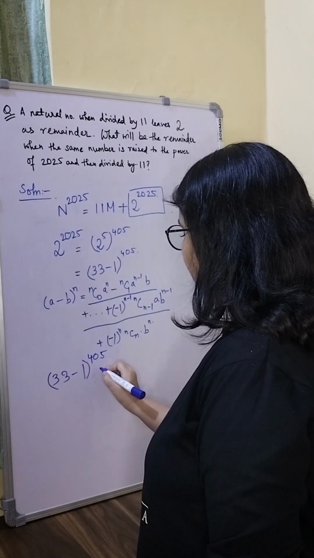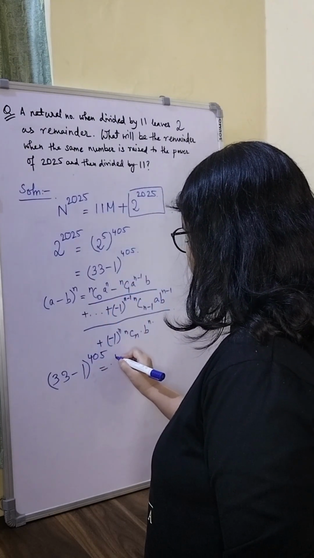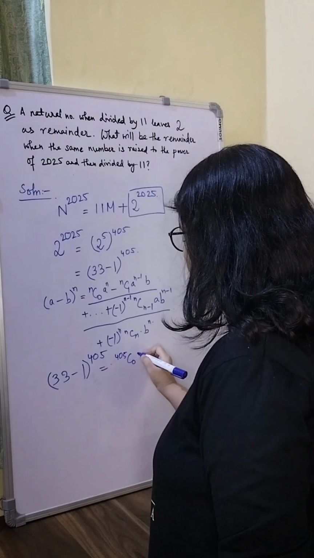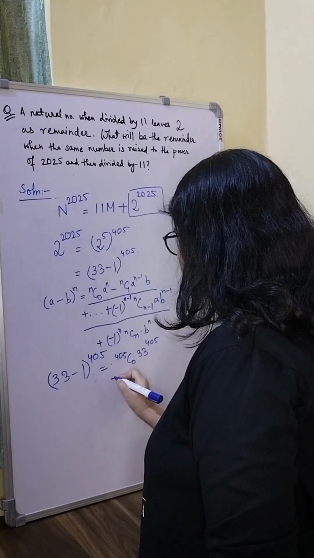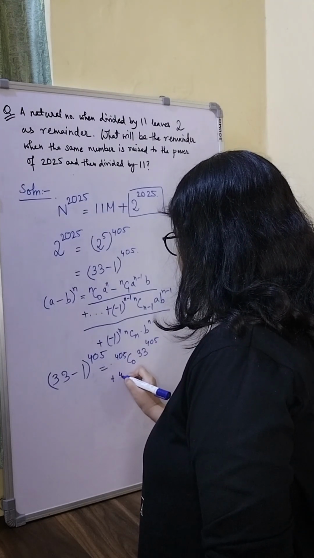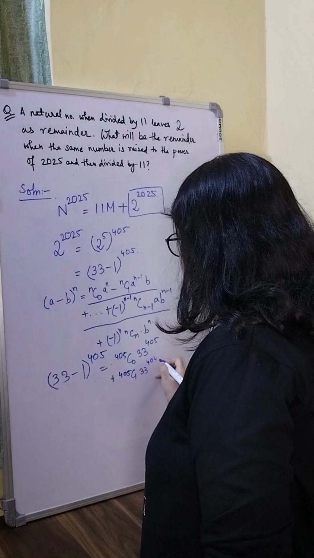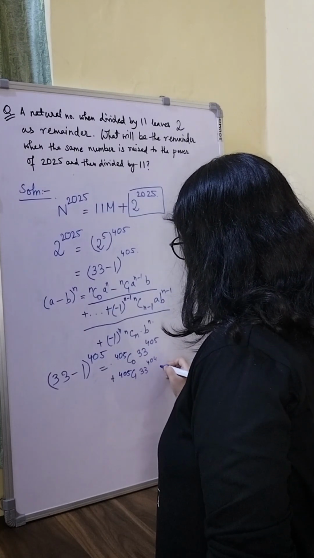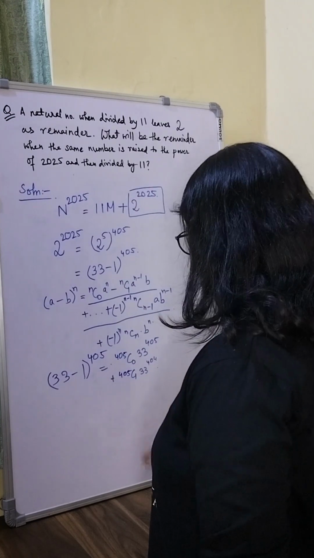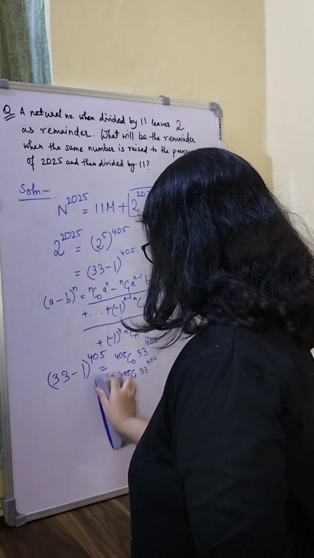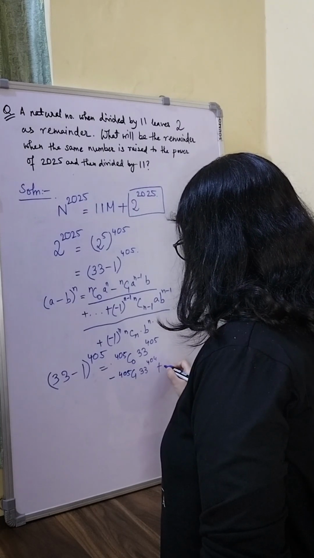So now we'll apply this information and write 33 minus 1 whole to the power of 405. Following similar logic, we would write 405C0 33 to the power of 405, minus 405C1 33 to the power of 404, plus and so on.